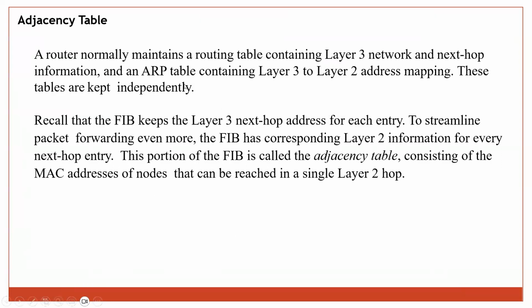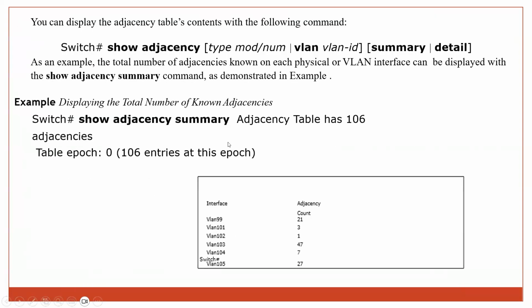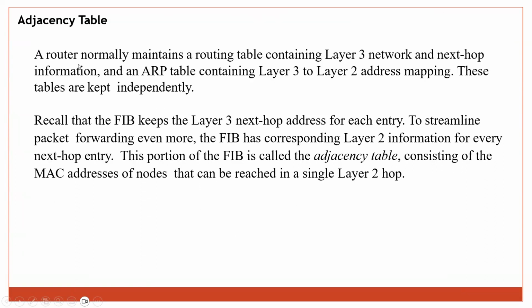So then what is the adjacency table? A router normally maintains a routing table containing layer 3 network and the next hop, and the ARP containing the layer 3 to layer 2. Okay, so this is the routing table, but what is the adjacency table?